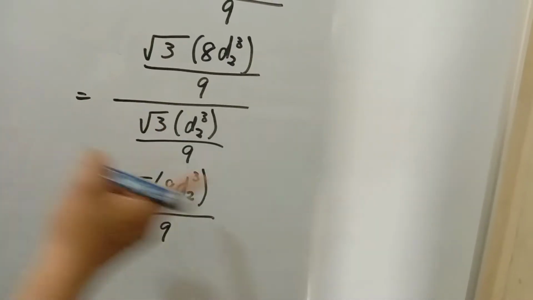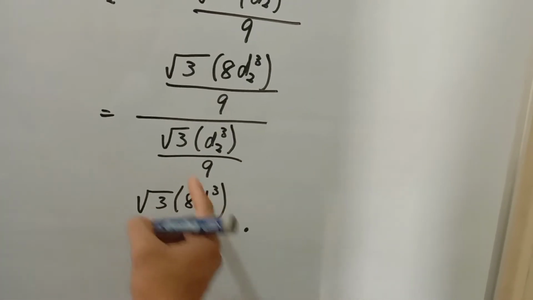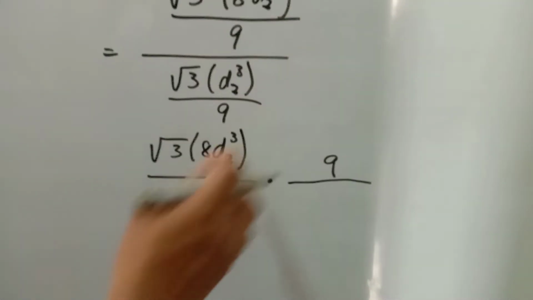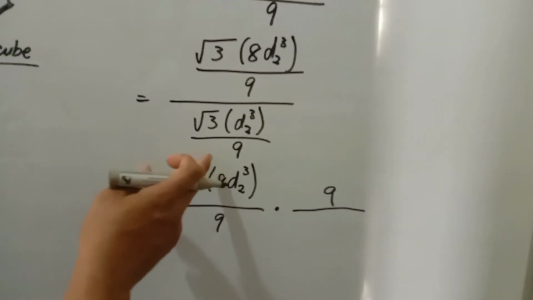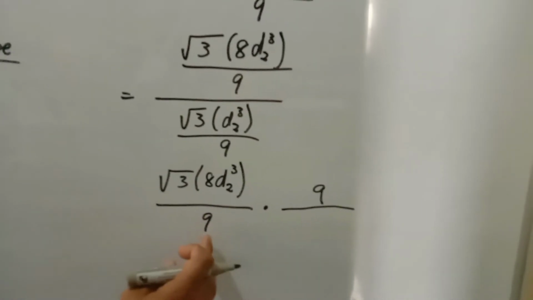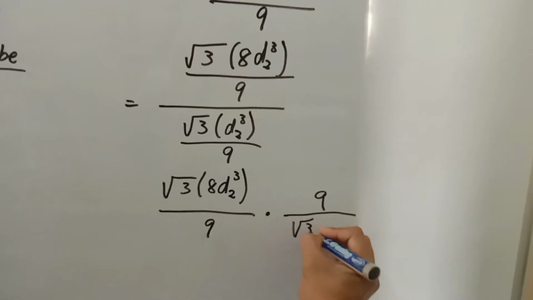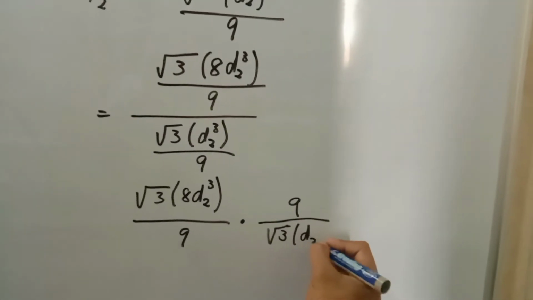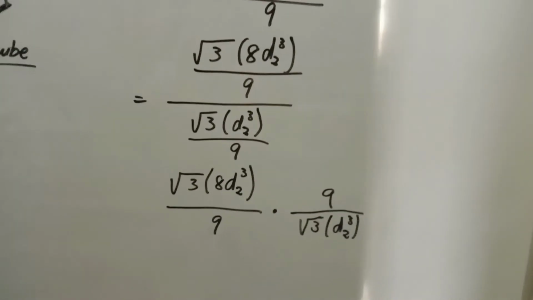You need to reciprocate the denominator, times 9. To solve further this expression, we need to reciprocate the denominator. So the reciprocal of the denominator is equal to 9 over square root of 3 times D2 cube. Okay?